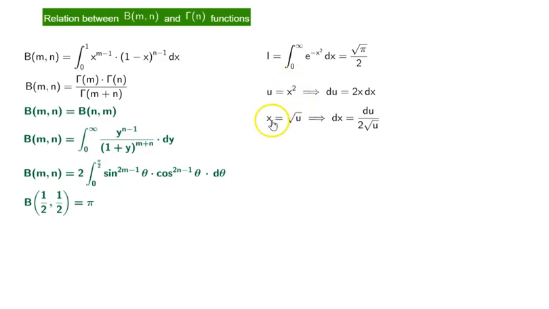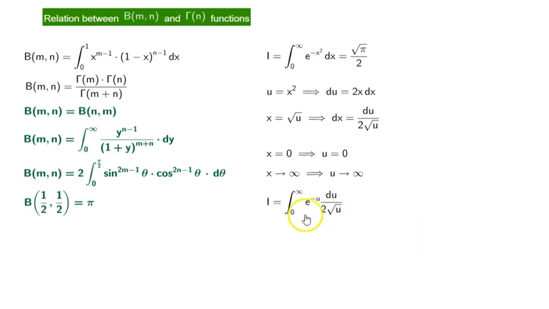Now u is equal to x squared means x is equal to root u, which implies dx is equal to du by 2 root u. Now changing the limits: when x equals 0, u is equal to 0, and when x equals infinity, u is also infinity.